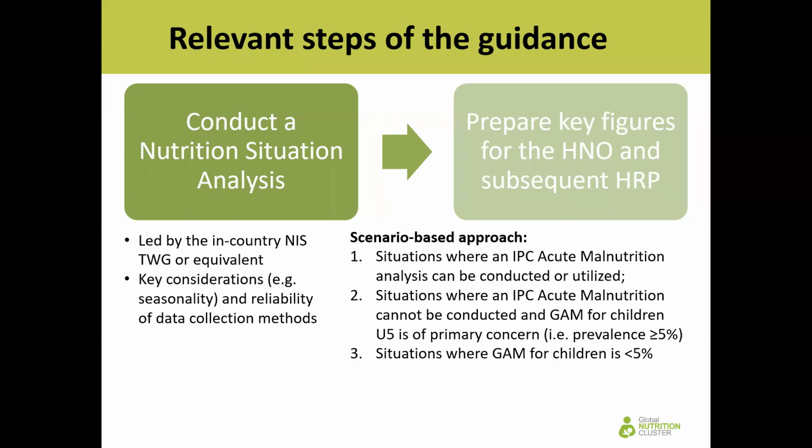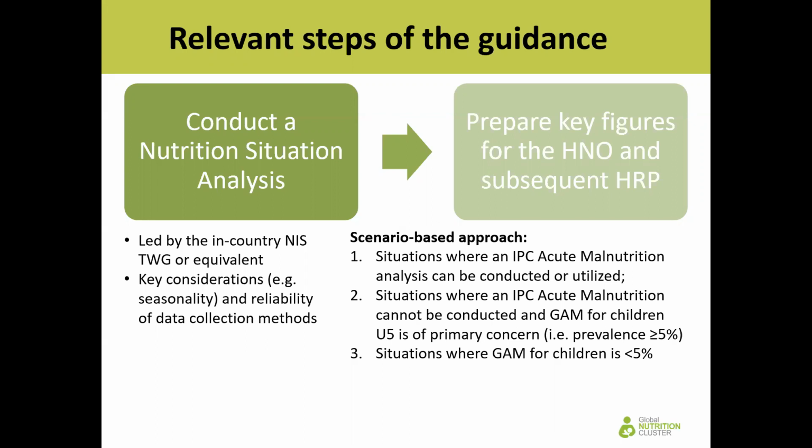So they have global acute malnutrition levels for children under 5 which are above 5%, and an analysis can be conducted or utilized. I'm aware that a number of countries right now are currently undertaking their IPC acute malnutrition analysis. Those countries would only focus on the recommendations put forward for scenario 1.